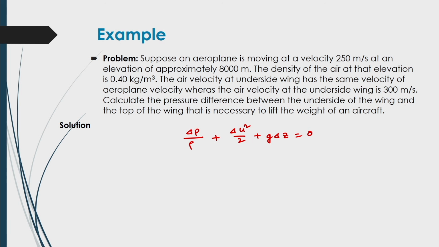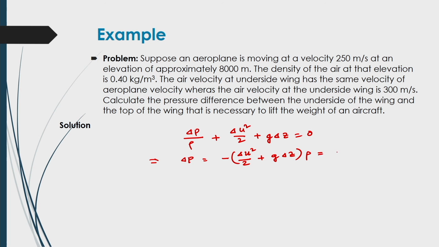So according to this equation we can write delta P equals minus delta U square by 2 plus g into delta Z, whole bracket, and we can make rho common here.